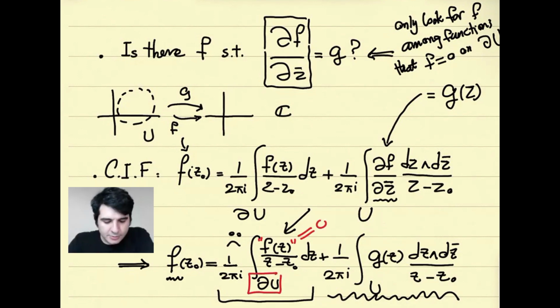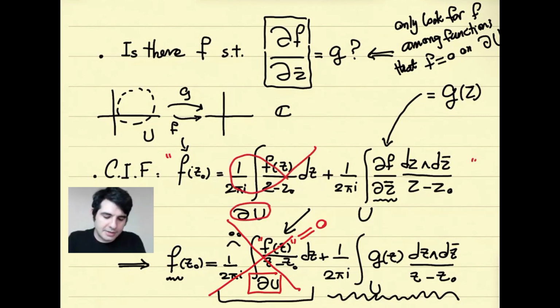So this term would completely disappear. Among the functions that vanish on the boundary, they still satisfy Cauchy's integral formula, but because they vanish on the boundary, they do not have this first term.